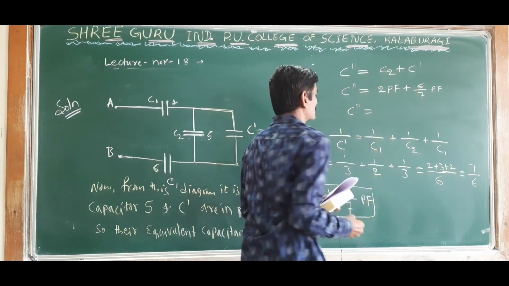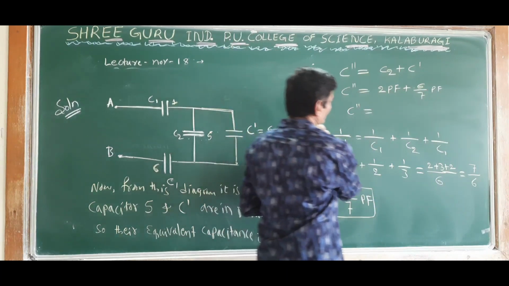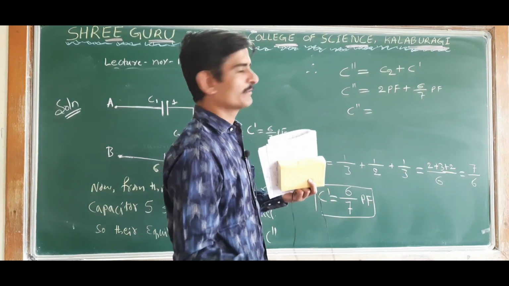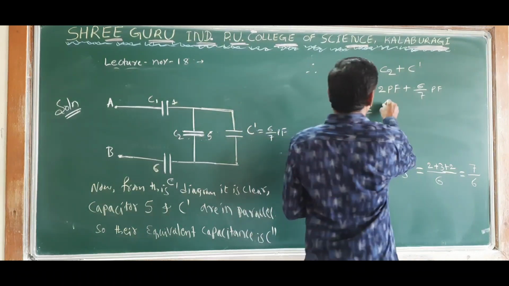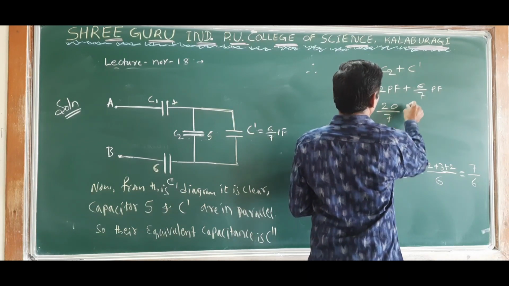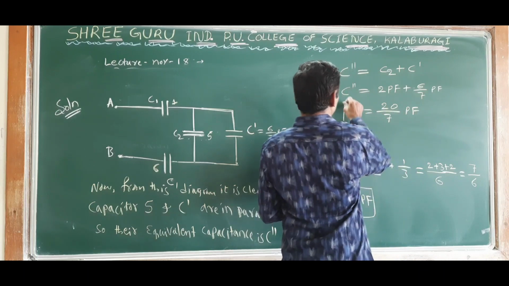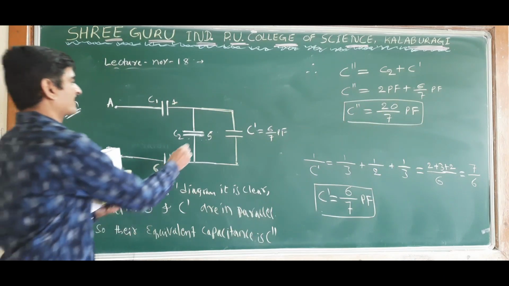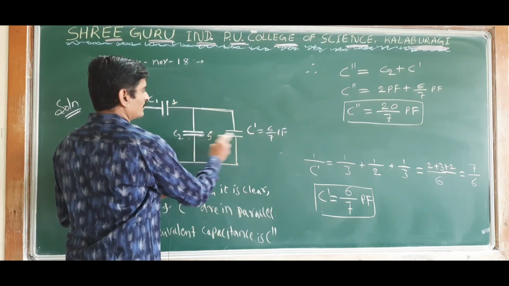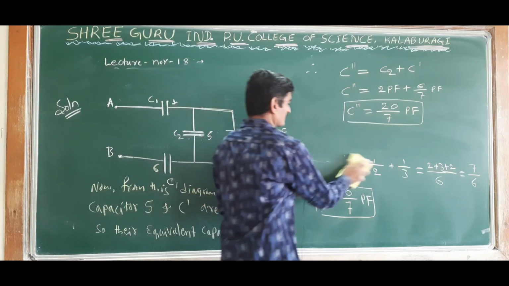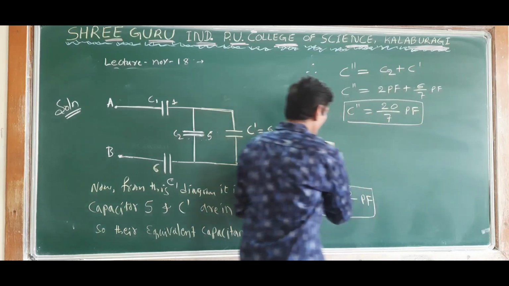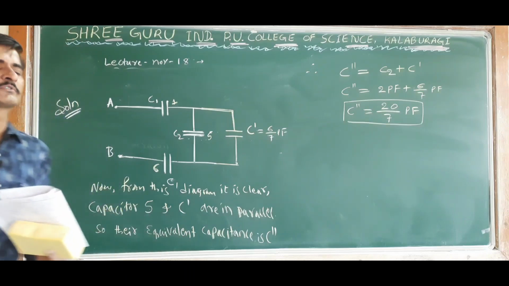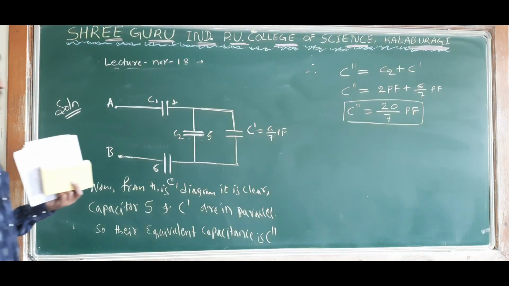So C double dash is equal to, 7 twos are 14, 14 plus 6 is 20, so 20 divided by 7 picofarad. Understood? So C2 and C dash together are in parallel, and their equivalent capacitance comes out to be 20 divided by 7 picofarad.